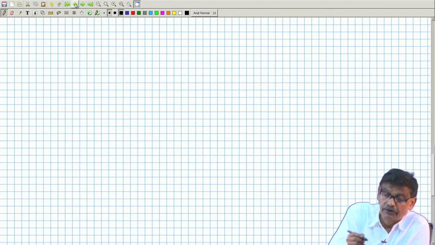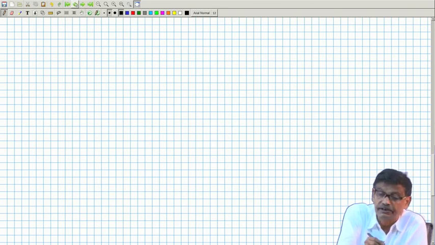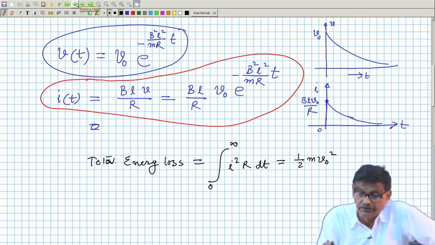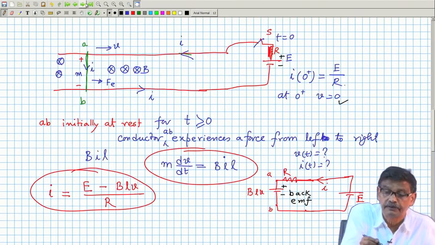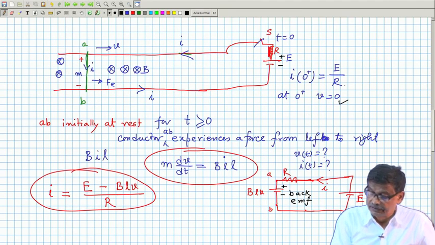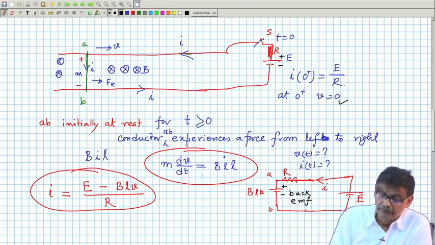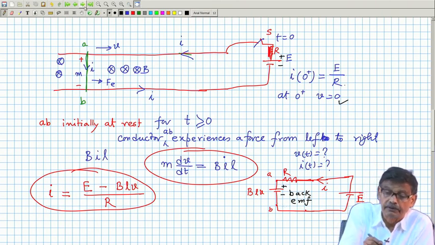So we got these two equations. We start now our lecture 55, from this point. These are the two equations we have come across.